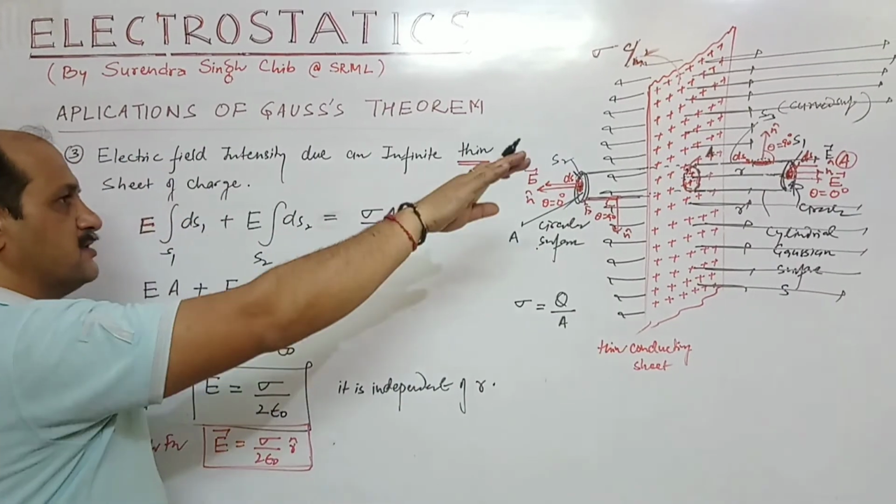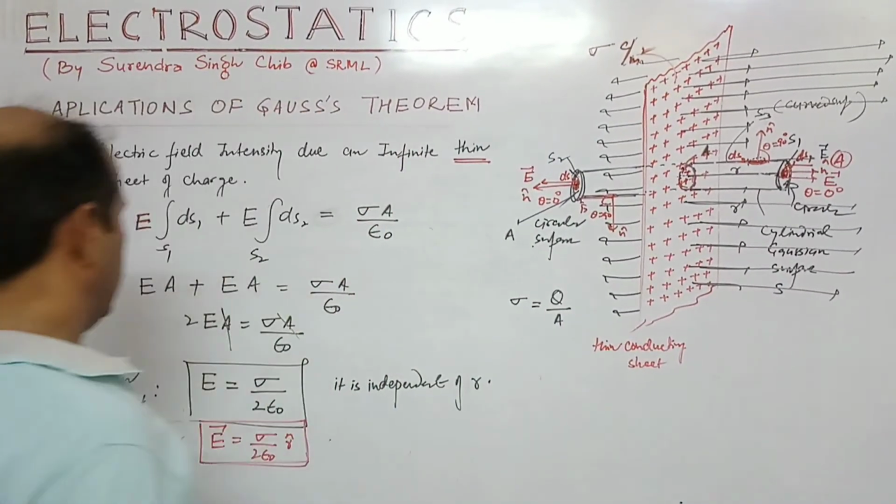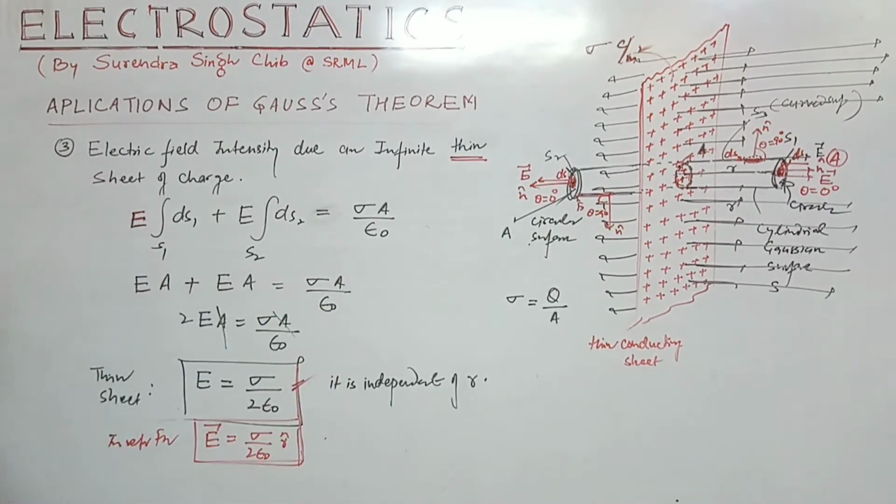If it is negative, it will be inwards. This is the vector form and this is the scalar form, and this is the electric field because of a thin sheet.